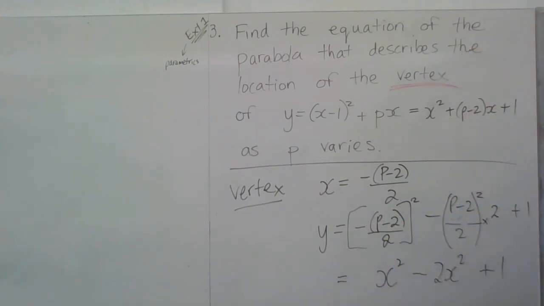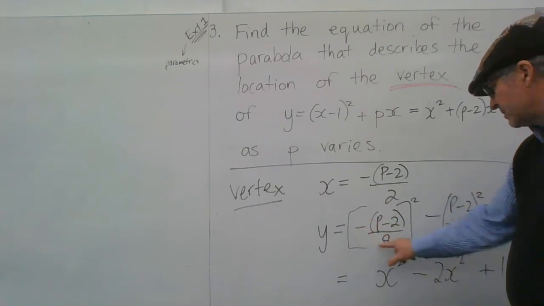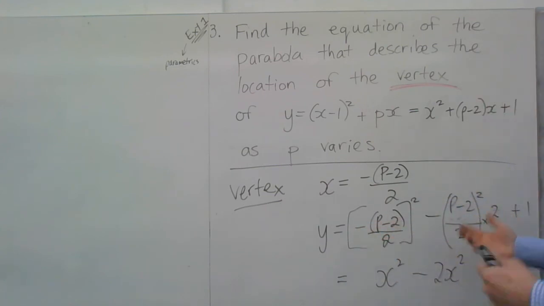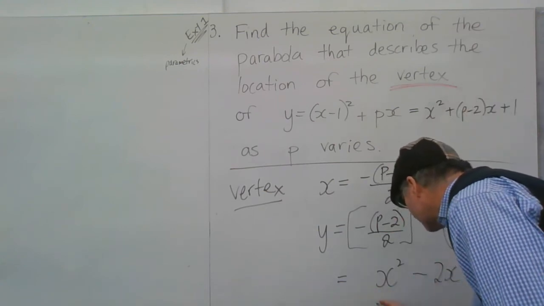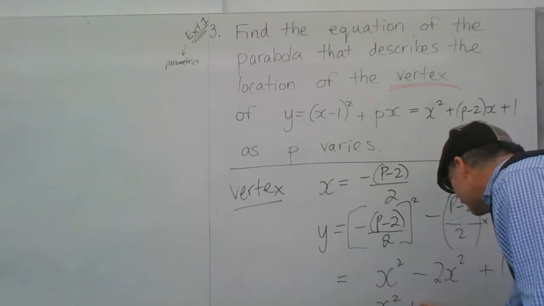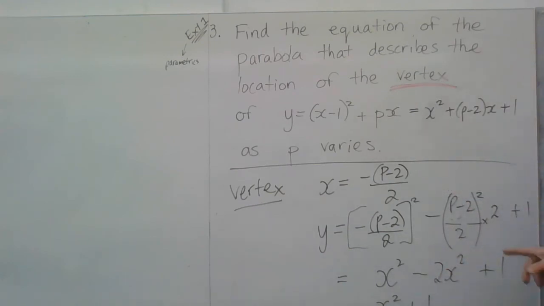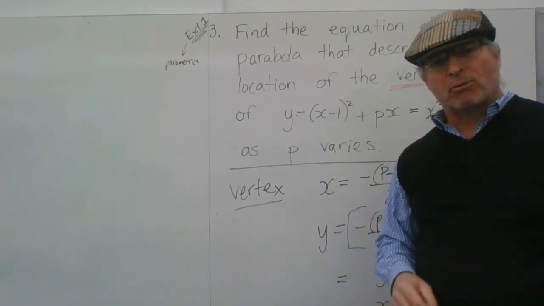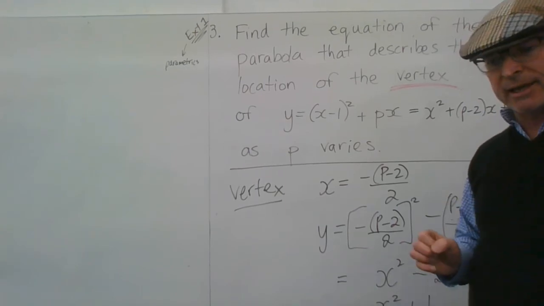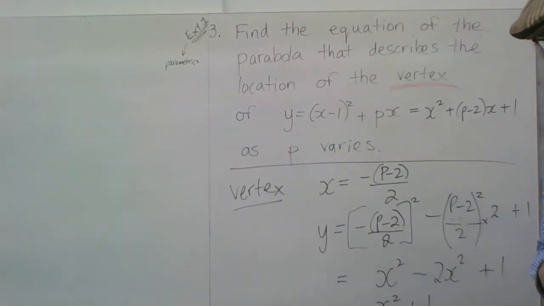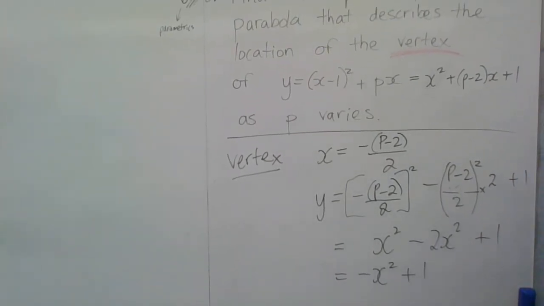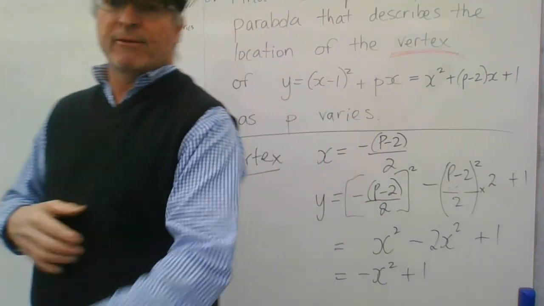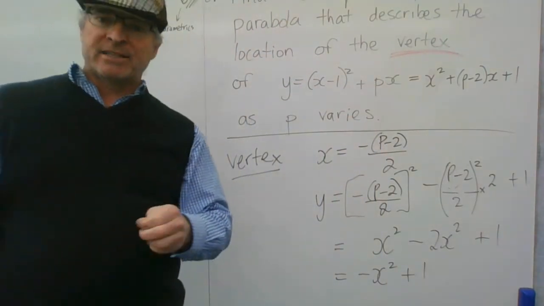Now, x squared minus 2x squared is minus x squared plus 1. So I'm saying that minus x squared plus 1 should be the equation of the parabola that describes how the vertex moves around. Minus x squared plus 1 should describe the vertex as p varies.